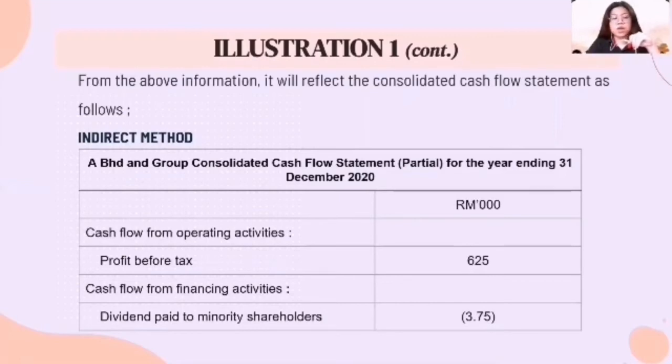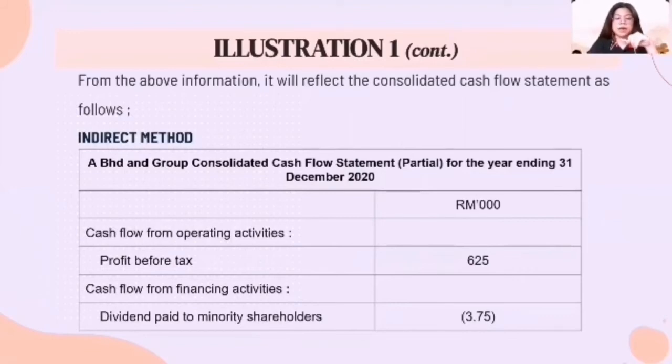After we put the amount of the profit before tax, then we will put the amount of cash flow from financing activities. Under the cash flow from financing activities, we should put the dividend paid to minority shareholders. The amount of the dividend paid to minority shareholders is calculated as in the previous slide under the direct method.